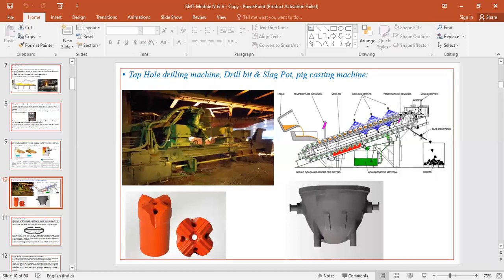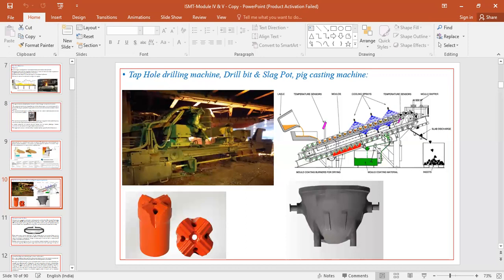When it comes to the end of the pig casting machine, the pigs get detached. If not detached, there is a hammer system here which gives a vibration by hitting, and in that way the ingots or pigs can be detached from the mold.